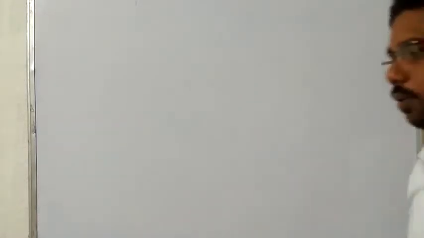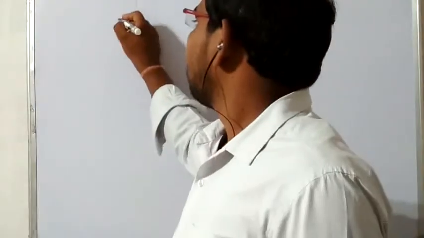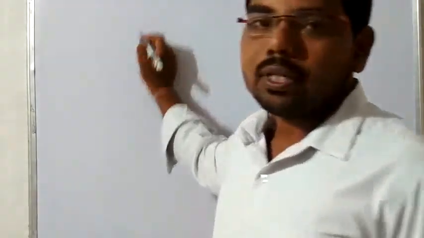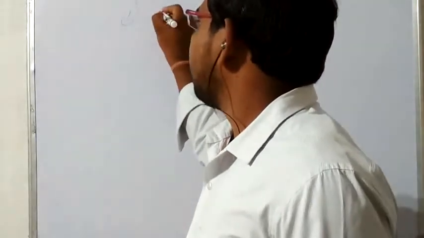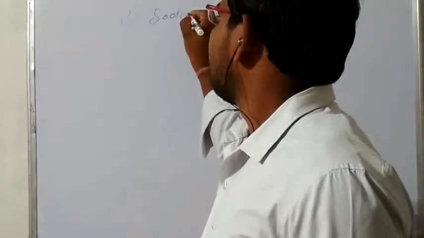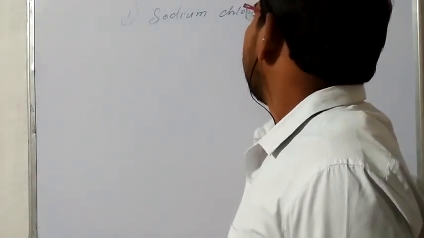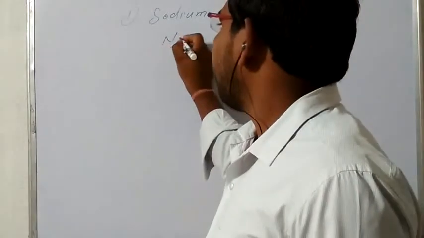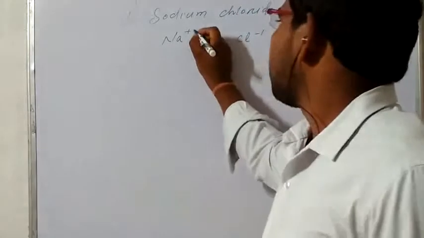So now we discuss how to write the names of compounds. So all compounds have a combination of one positive ion and one negative ion. So let's start with one compound name, that is sodium chloride. In sodium chloride, the sodium ion present is Na plus, and the chloride ion present is Cl minus.